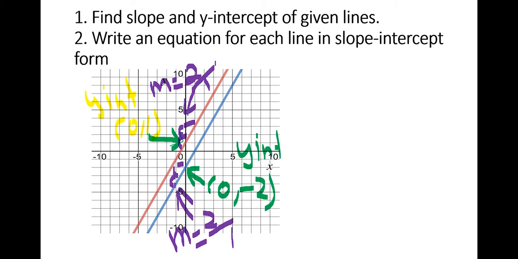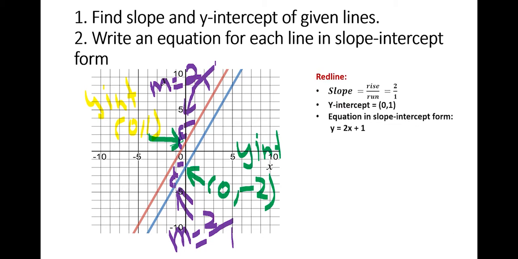So when we write the equation for the red line in y equals mx plus b form, the slope-intercept form, our m is 2 over 1 and our b is 1. So we plug in the form y equals mx plus b. We have y equals 2x plus 1.